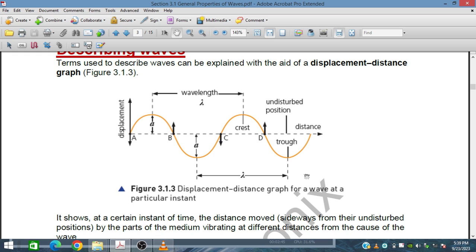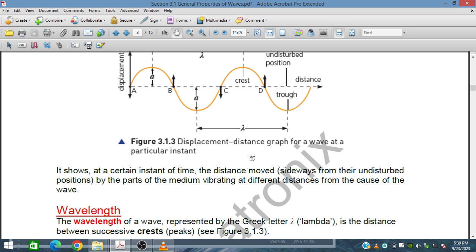In this duration of 1 second, this many waves have passed through, so we say this is the frequency. If two wavelengths pass in 1 second, we call it 2 hertz, or 2 waves per second.